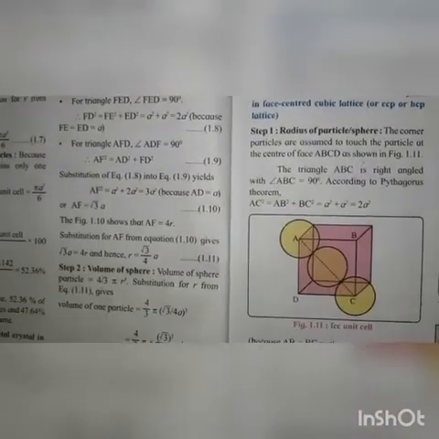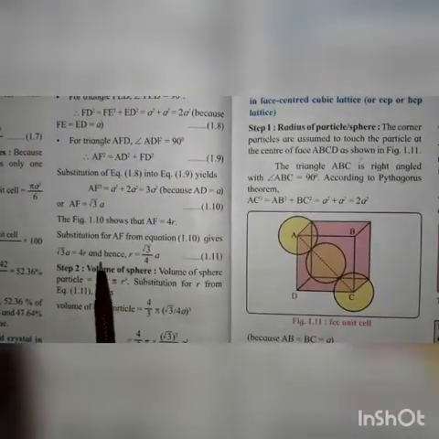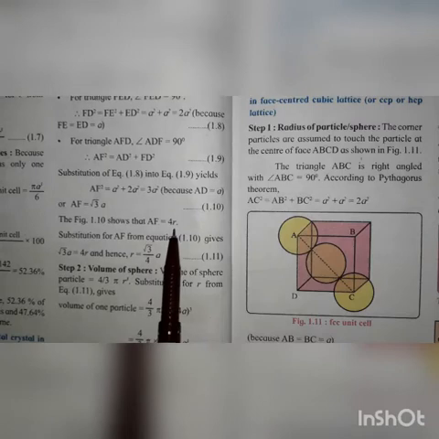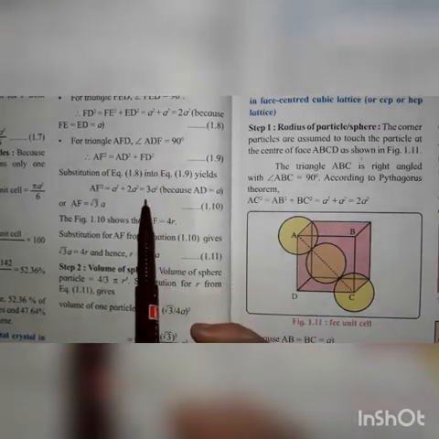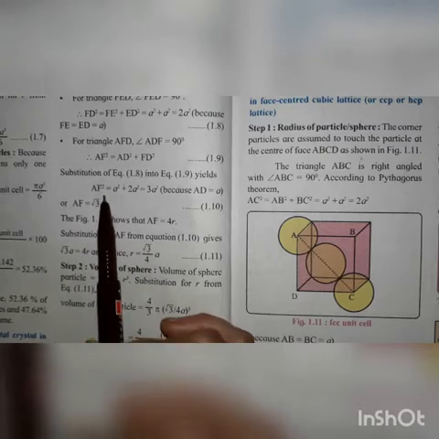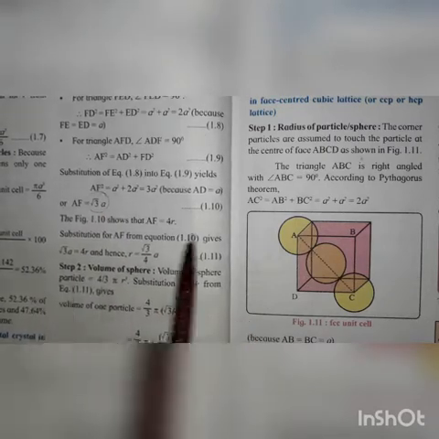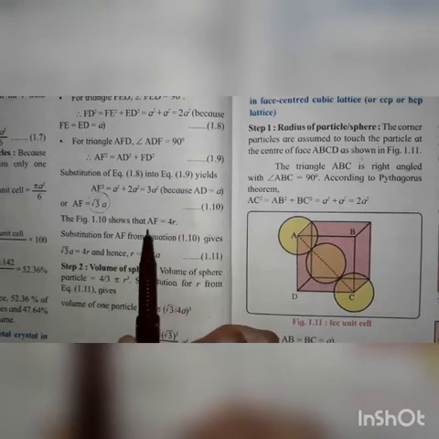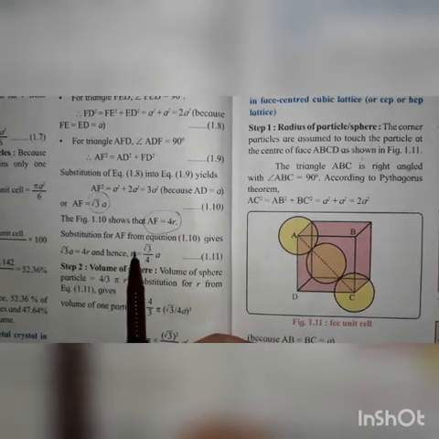You can see here AF is equal to 4R from the figure. When we solved the equation, we got AF is equal to root 3 a. AF is common, so root 3 a is equal to 4r.